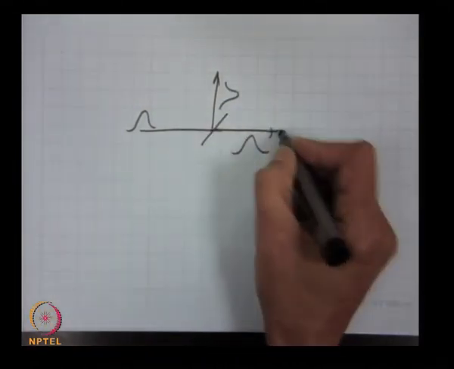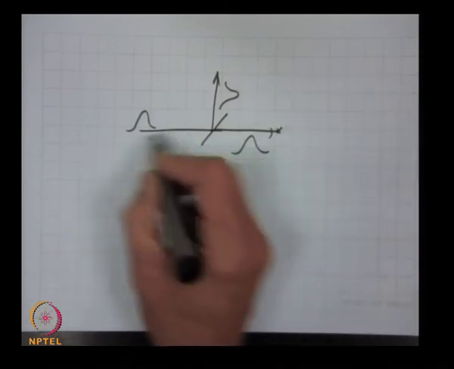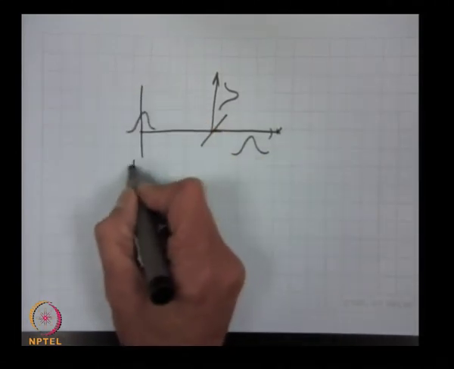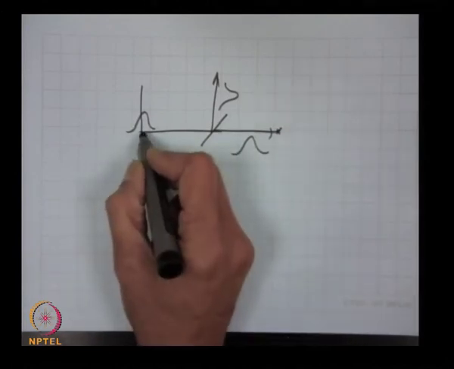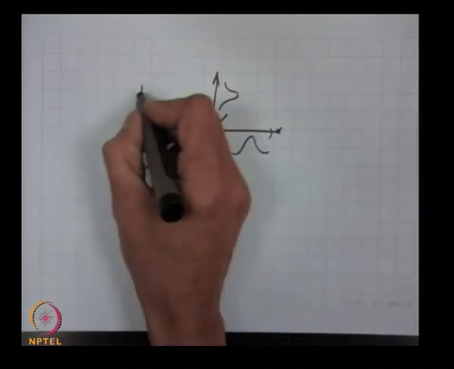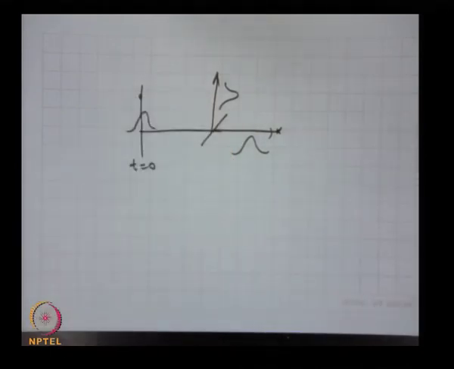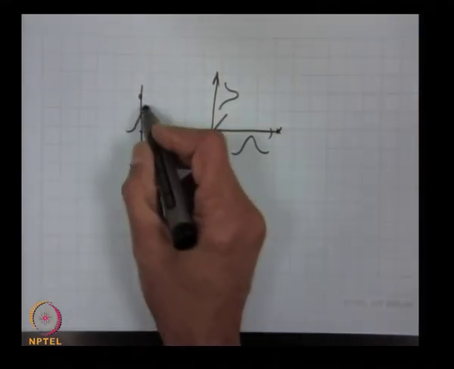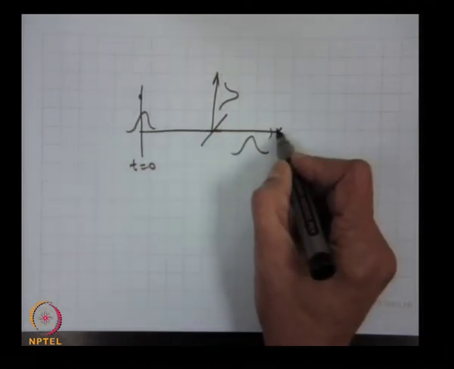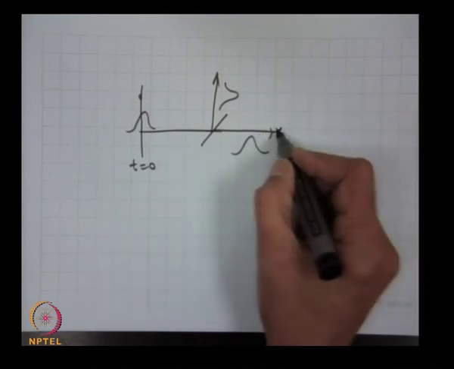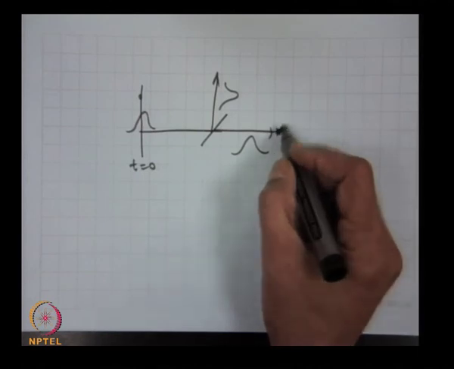So if I put a detector here and launch a single photon at t equal to 0 from here, that means I have an atom here, which spontaneously emits at t equal to 0. This photon then travels. I have a detector here which is trying to detect the photon. I will detect it after a certain interval of time with a probability of half, and over a duration, please remember.